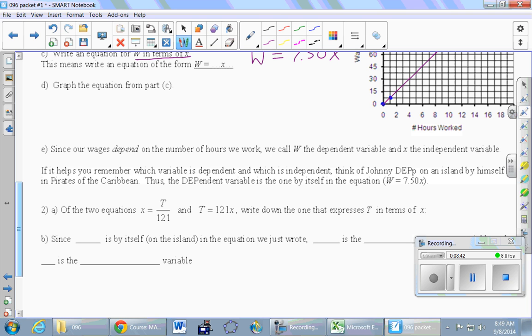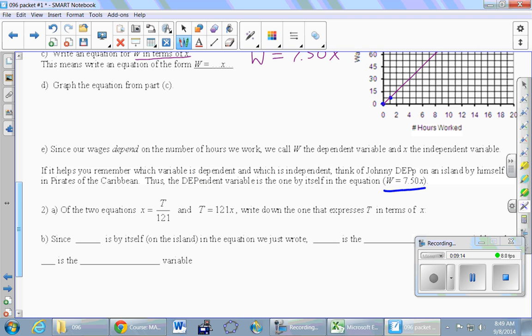Megan, could you read this if it helps? Okay, so the dependent one is the one that's by itself, just like Johnny Depp on Pirates of the Caribbean.